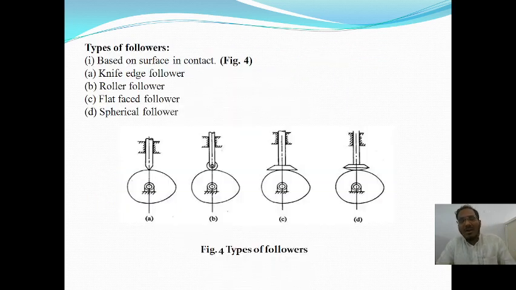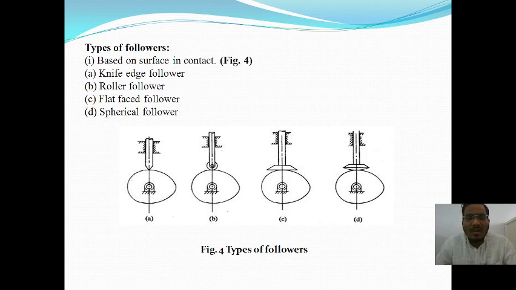The next is how many types of followers there are. About the followers and the cam, a question will definitely come in your final exams. Definitely a problem about the cam will come in the final exam. Cam and knife edge follower, like that, cam and roller follower. In your syllabus, the two followers are the knife edge follower and the roller follower.